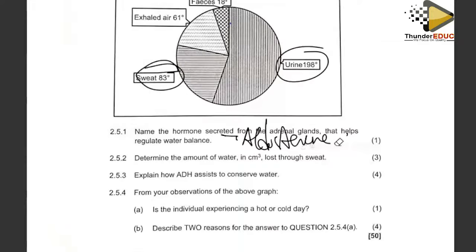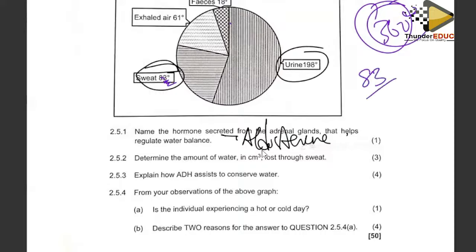Determine the amount of water in cubic centimeters lost through sweat. Remember, this is a pie chart, which is a circle of 360 degrees. The amount of water lost through sweat is 83 degrees. So it's going to be 83 over 360 times the total amount of water being lost.